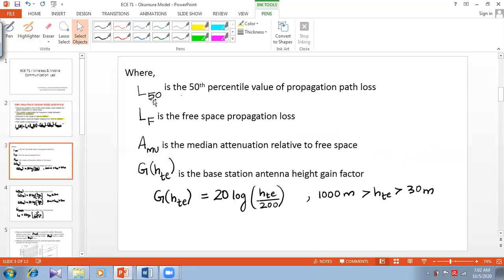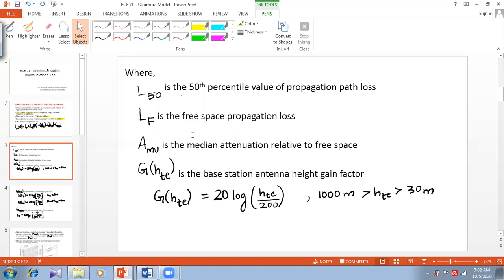As I told you, L50 is the 50th percentile value of propagation path loss calculated using the Okumura model. LF is the free space propagation loss. We will also look into the formula for this. AMU is the median attenuation relative to free space.